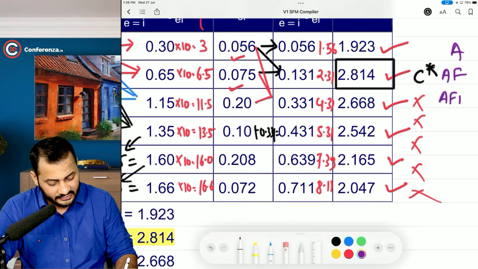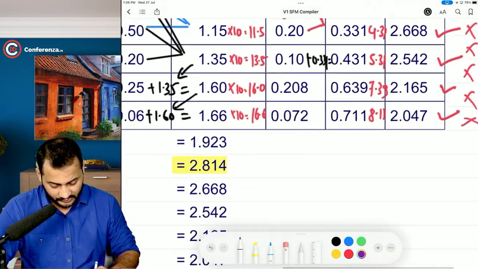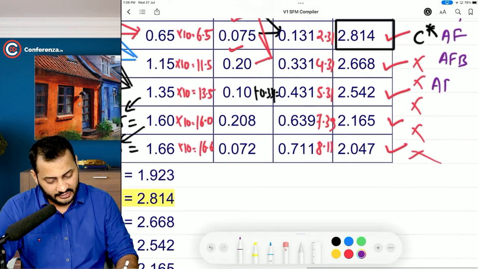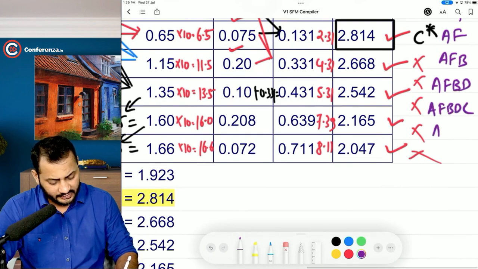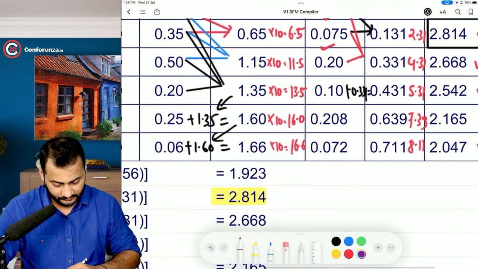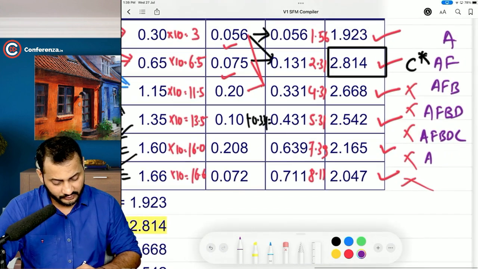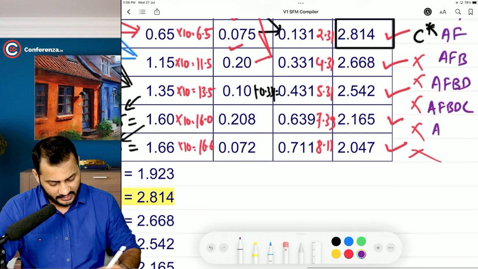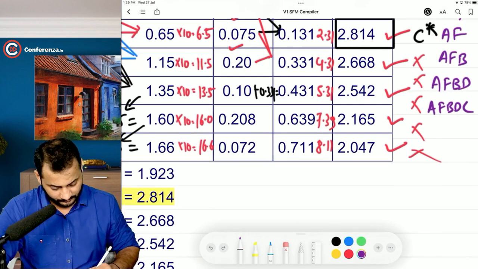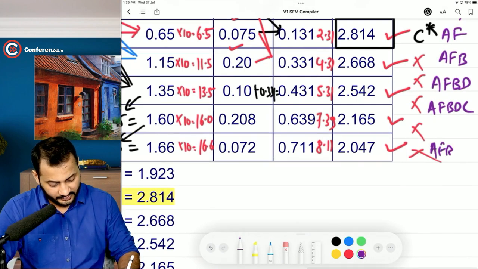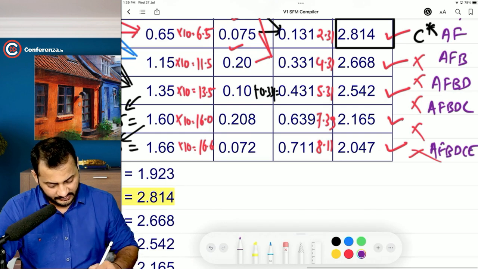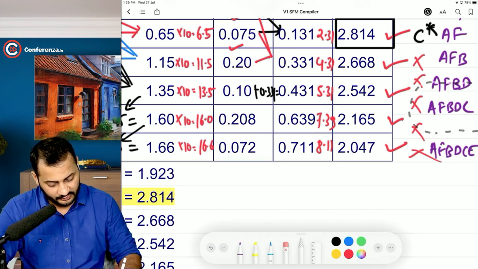In the third one, it is AFB. Then AFBD. AFBDC. Am I right? 1, 2, 3, 4, 5. And the last one was A, F, B, D, C and E. This is how we did all the calculation.